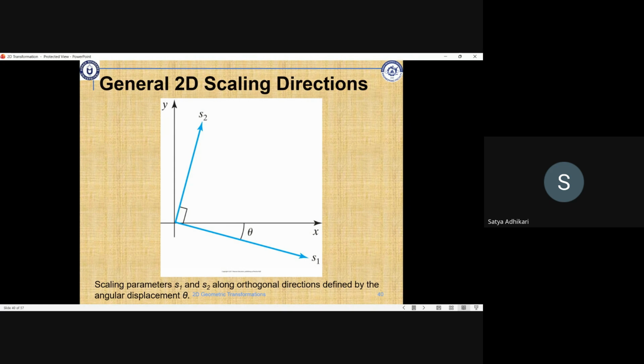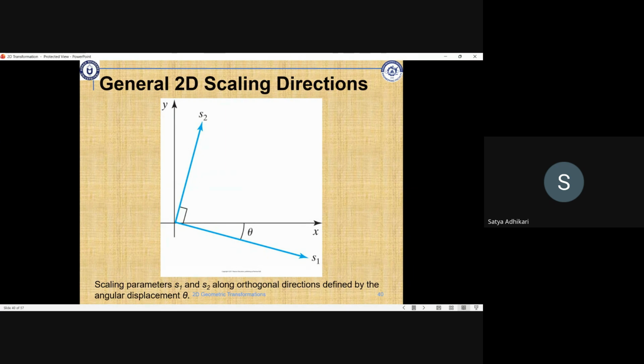I want to scale with respect to not the x axis and y axis, but another orthogonal direction S1, S2. You see that S1 is here, at an angle theta with the x axis. S1 is inclined at angle theta. You see.